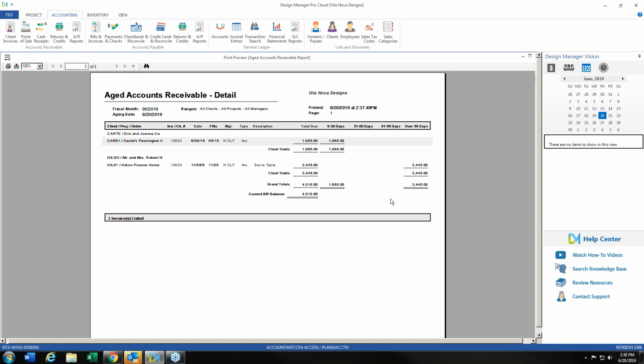So this is why we recommend looking at this report on a weekly basis. There's just a couple of examples on here. If I'm the owner and I'm looking at this, hopefully I have an idea of why this project, the Hilson Pocono home, hasn't paid this bill yet.